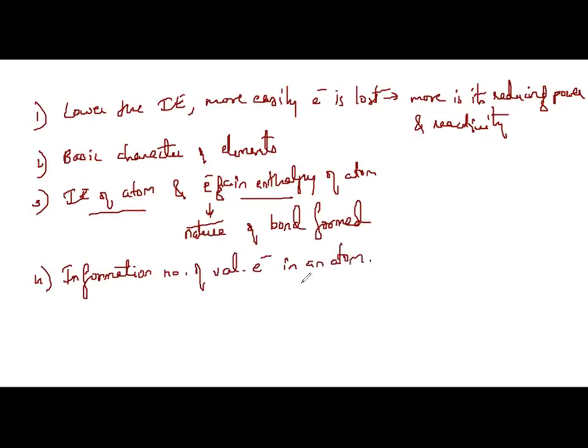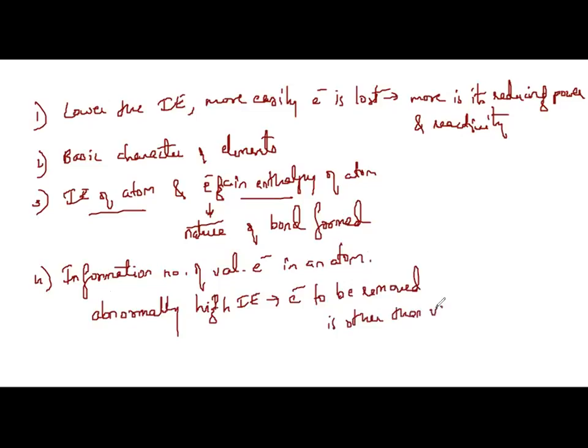If there is abnormally high ionization energy, it indicates that the electron removed is other than a valence electron.